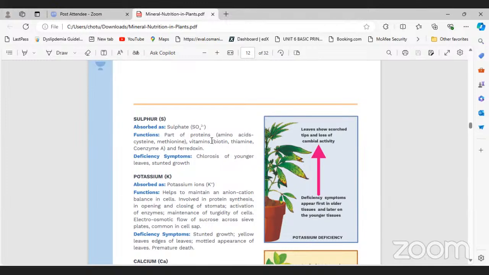Besides, sulfur is essential for the synthesis of sulfur-bearing vitamins, for example biotin, thiamine, and coenzyme A.